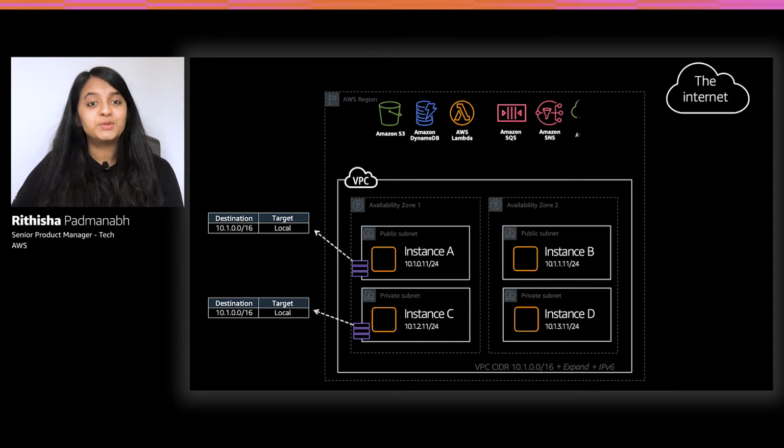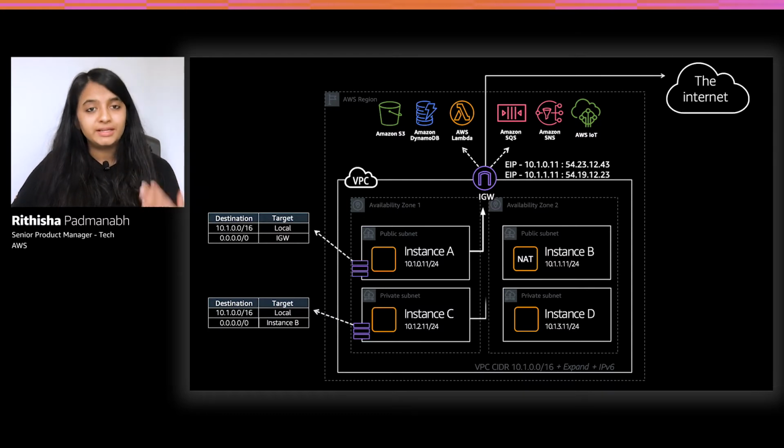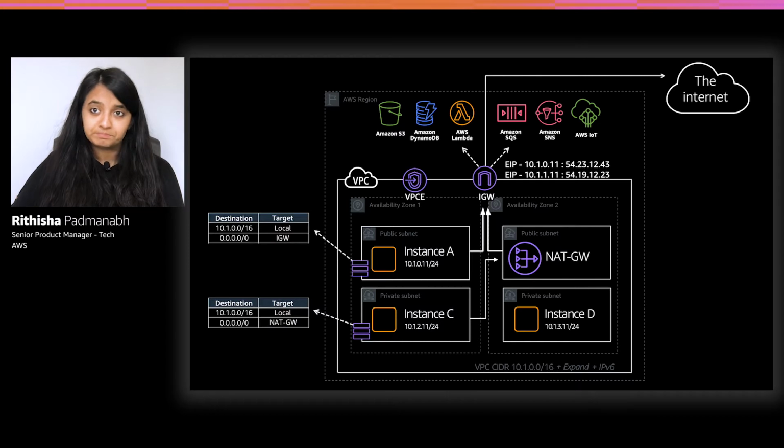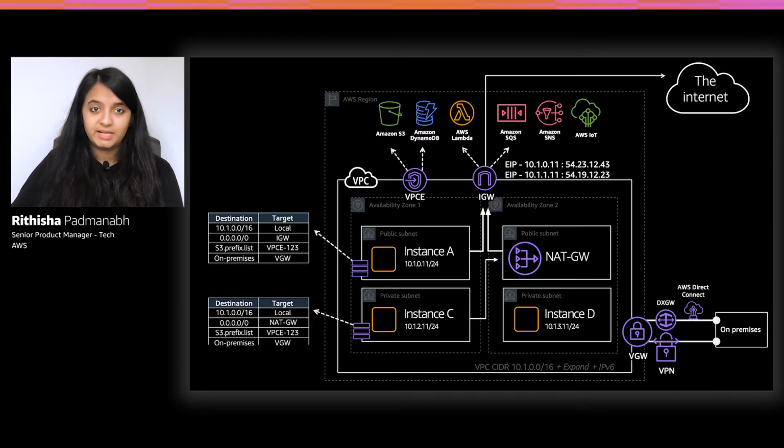However, if you were now to double click into that, you realize that there are several other networking components that actually allow you to create scalable and resilient AWS networks. Right, so you'll be connecting to the internet through your internet gateway and NAT gateway. You can connect to your on-premises environments using virtual private gateway or Direct Connect.